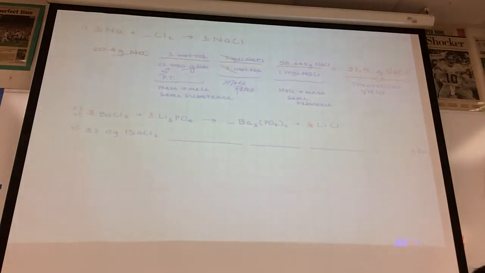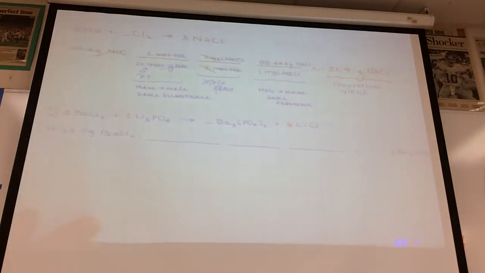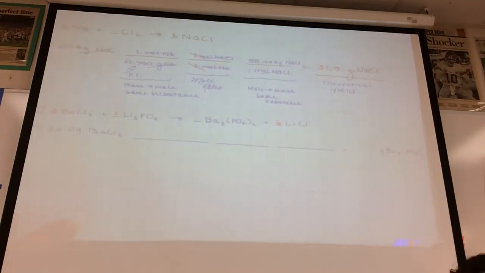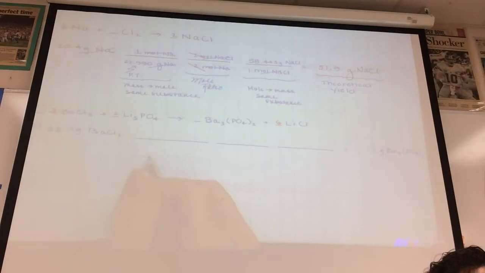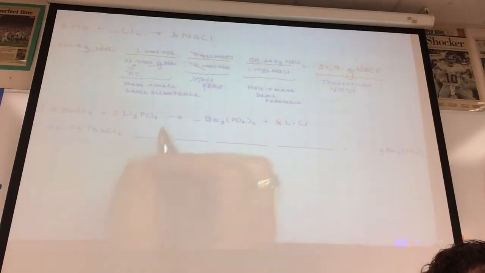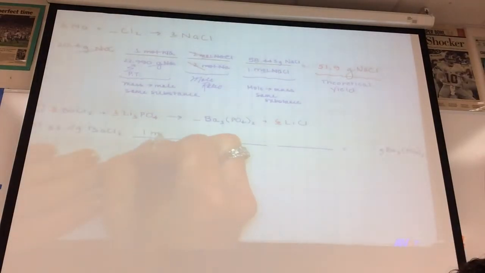Question on the setup. What's the first thing we need to do? Convert to moles. 1 mole of anything is equal to its mass in grams from the periodic table.